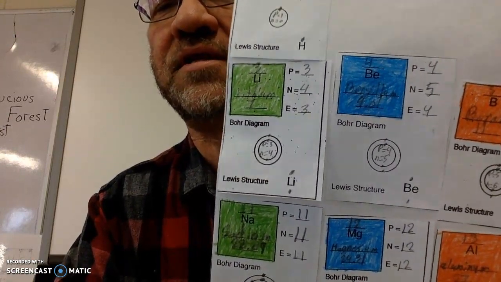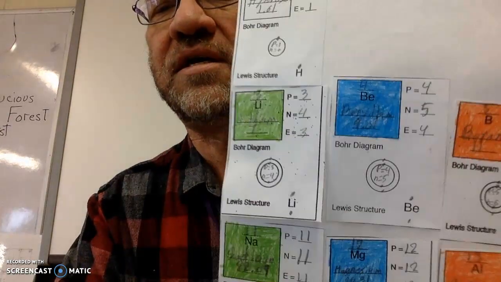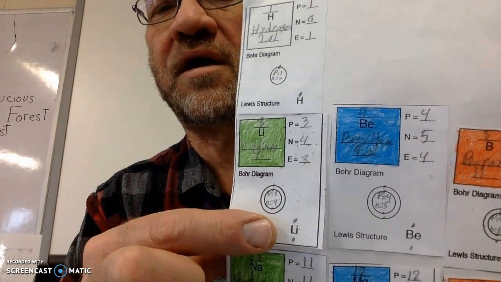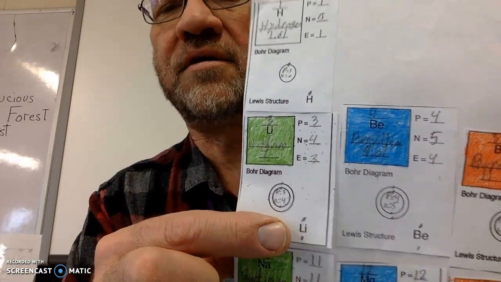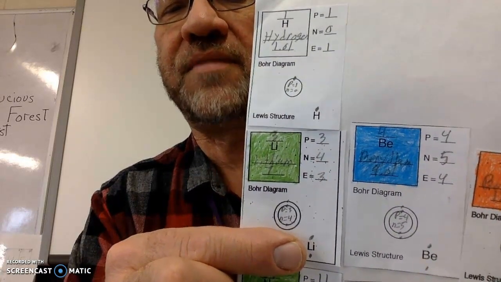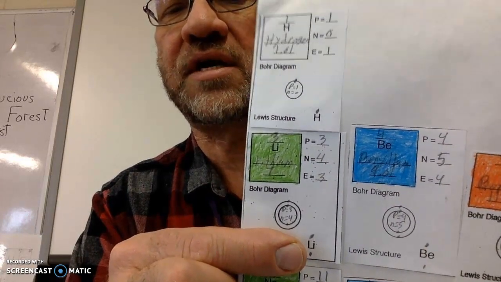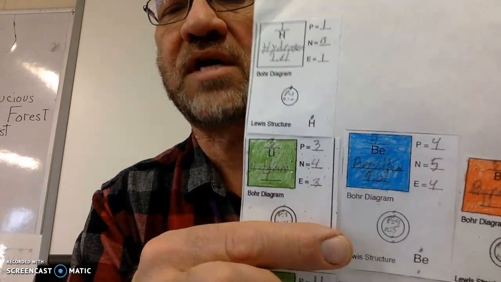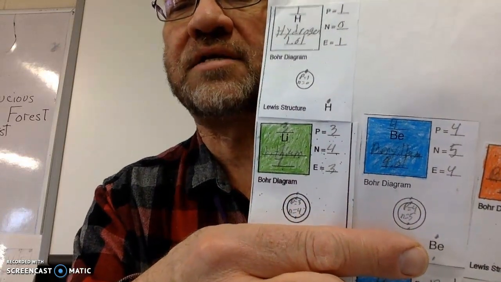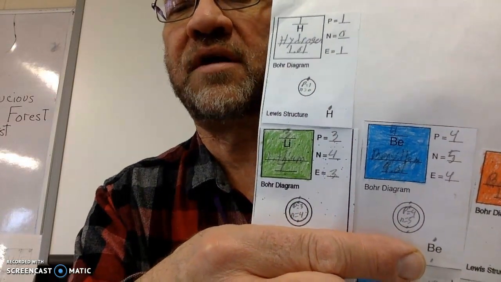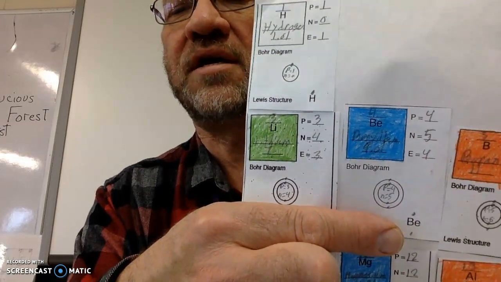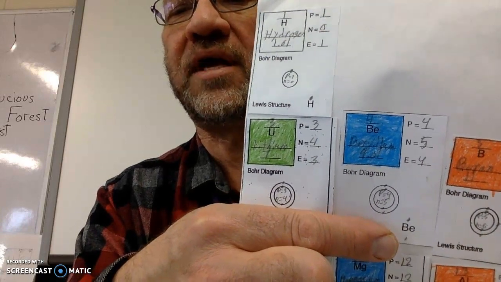You can see how they're done. Notice this is a student's. They did the Bohr model for lithium. They didn't do it correctly, excuse me. This has only 1 electron on the outer shell. There should have been only 1 dot. And here beryllium has a total of 5 electrons, and they should have had 3.